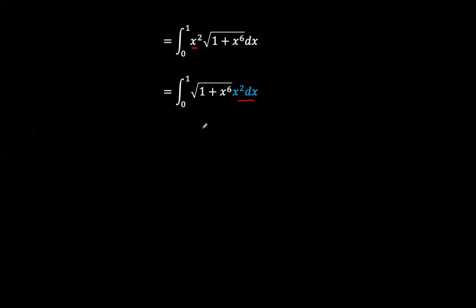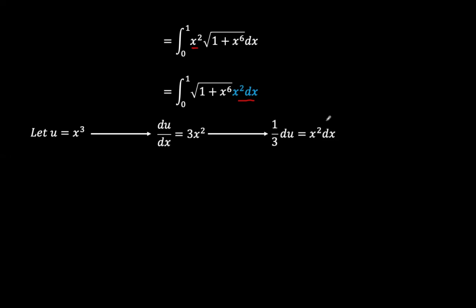We see that if we let u be equal to x to the power 3, that means that du/dx is 3x squared. And so a third du can be substituted for x squared times dx. So this here is the same as this, right? And so we can substitute that for that block.